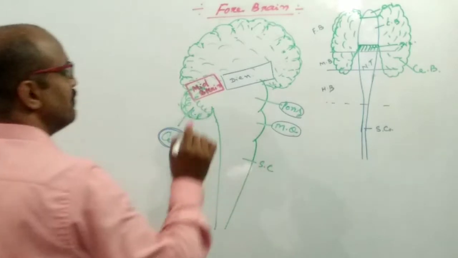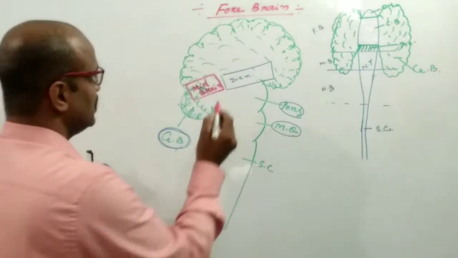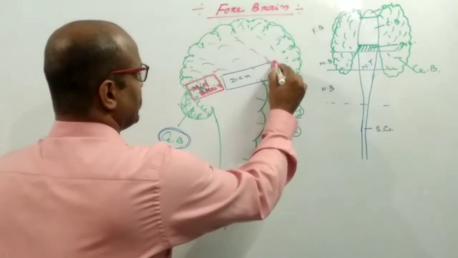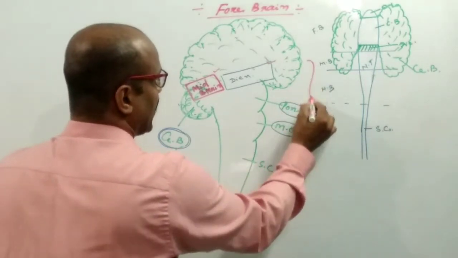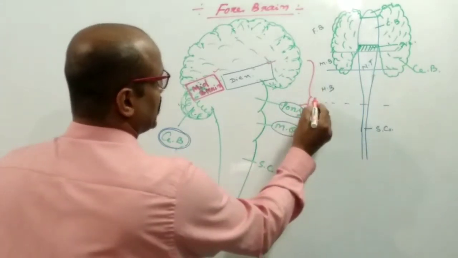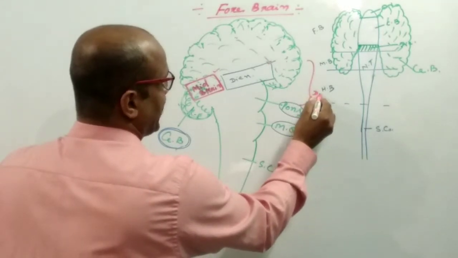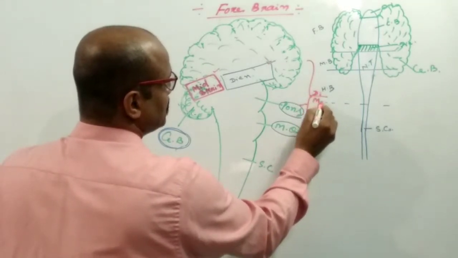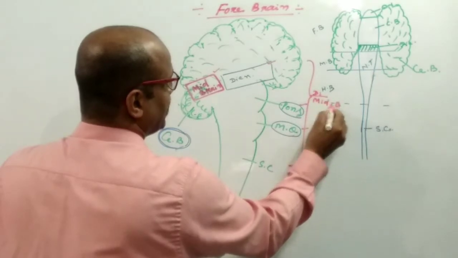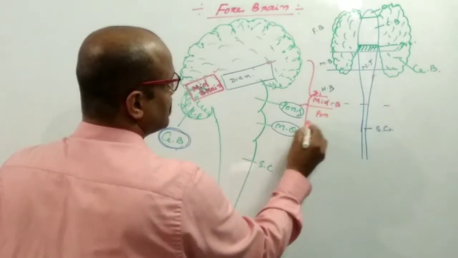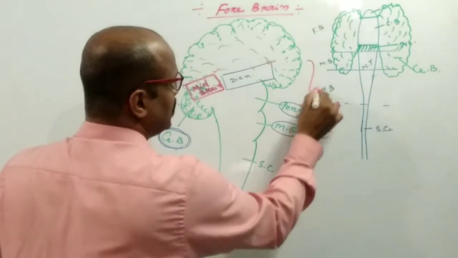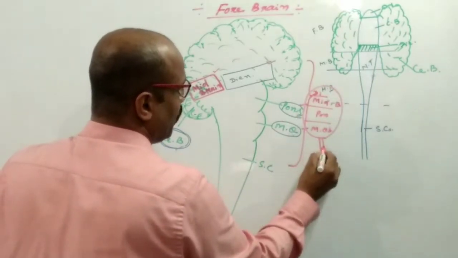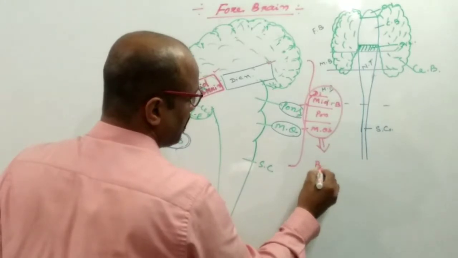So the diencephalon, midbrain, pons varoli, and medulla oblongata, all these things form the brain stem.